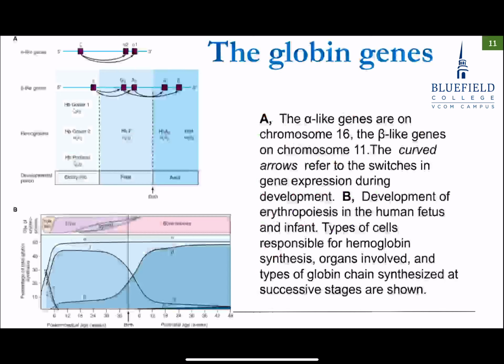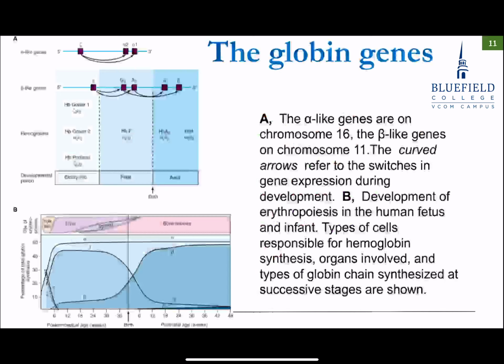And infants and adults have two types of hemoglobin, HbA2 and HbA.